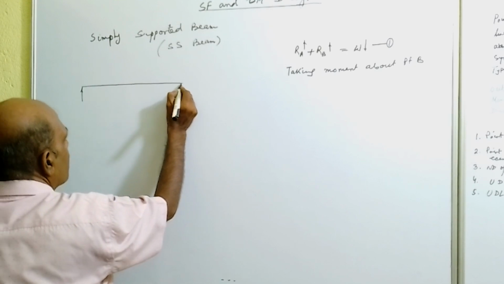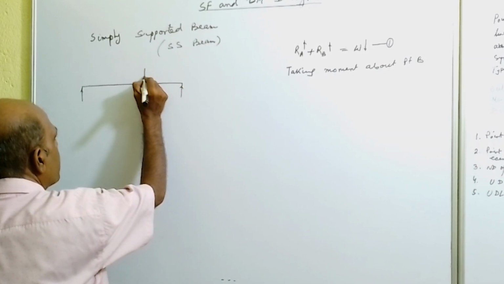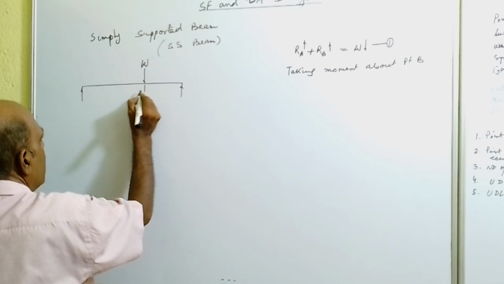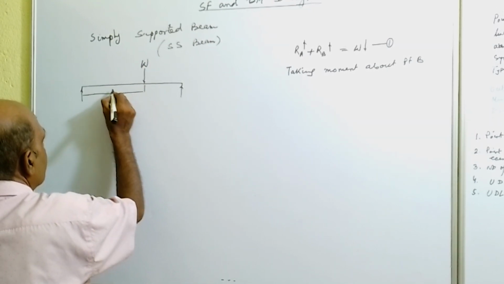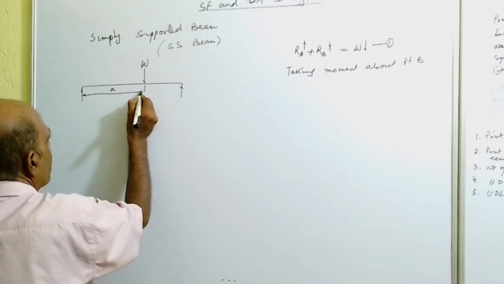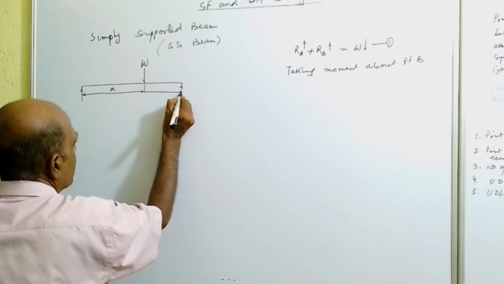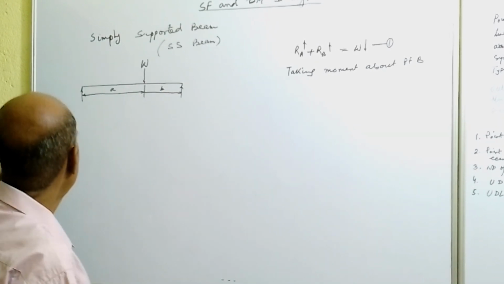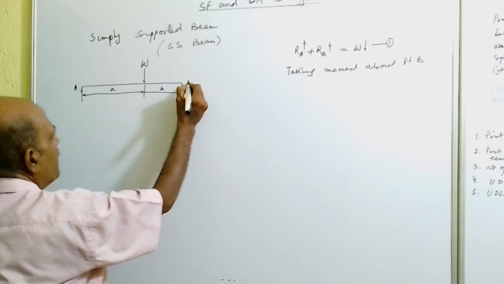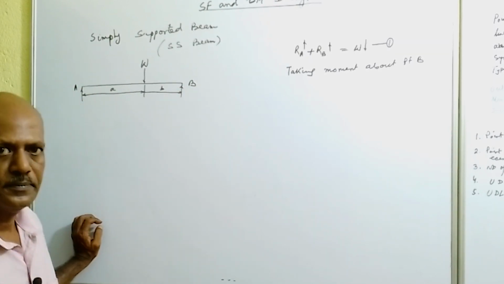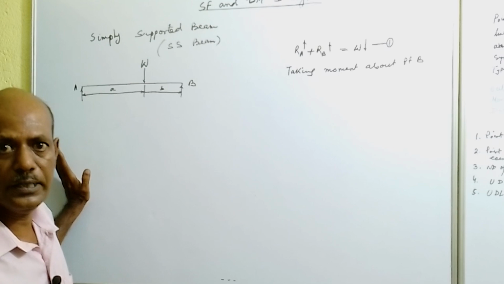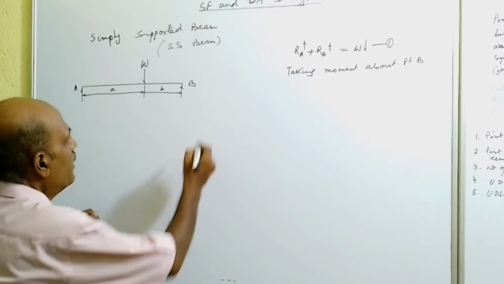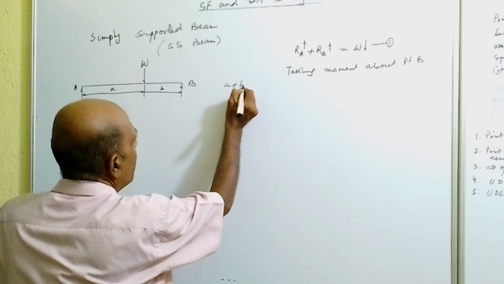The beam is under point load at a distance A from left end, and from right end it is at a distance B. So it is not central load. So let this point is A, this point is B. Now the point load is acting not at the center, where A plus B is equal to L.